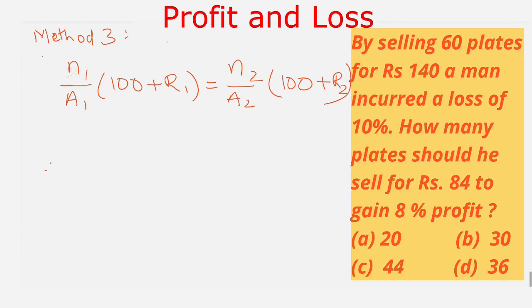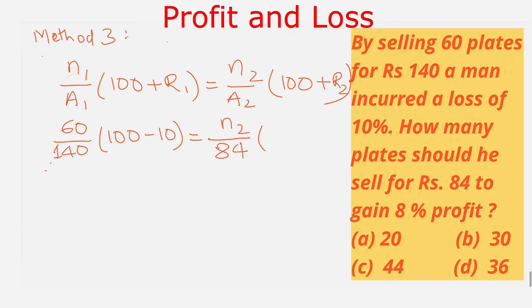Here N1 is 60 plates in amount rupees 140 and R1 is a 10% loss, so we take it 100 minus 10 as it is a loss. N2 is asked to us and amount A2 is rupees 84 and we want 8% profit.